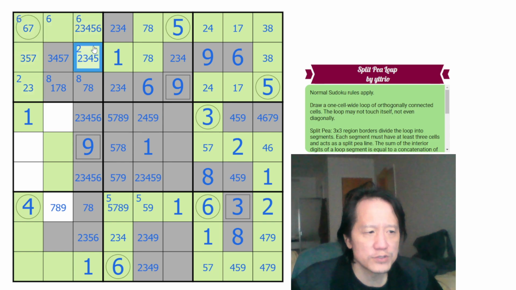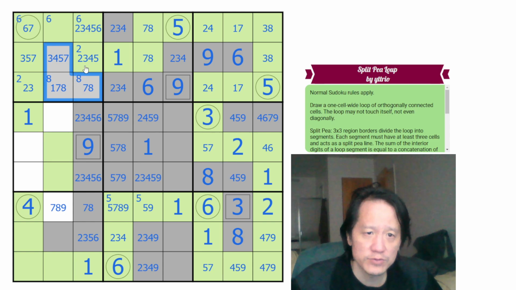Oh, actually, hold up, I miscalculated. 23 plus 2, which is 25, plus 3, which is 28. So 45 minus 28 would be 17. This would be 8. No, actually, that's correct. So 17 minus 8 is 9. So you would have to have either a single 8, which is not possible because we already have an 8 for the other two cells, or a 2, 7 in the other two cells, which is not possible. So that cannot be 23.